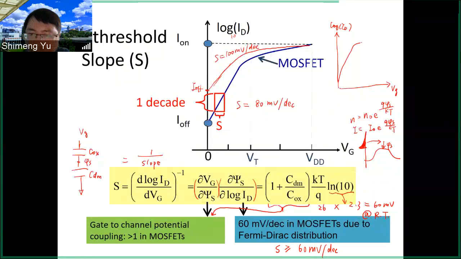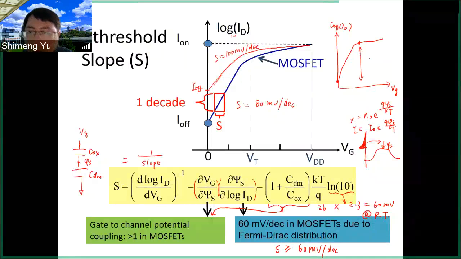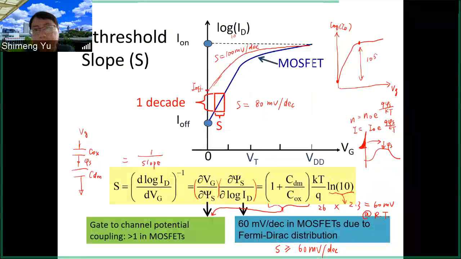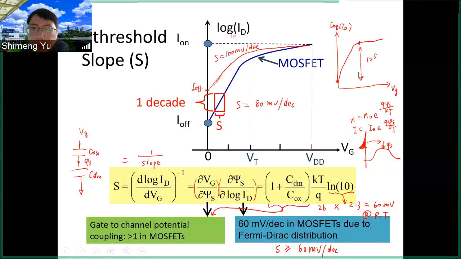So think about this current ratio. If you need this current ratio like more than 10 to the power 5, because you want on to be on and off to be very off, this is required for your circuit. Then what is the minimal threshold voltage you can have here?